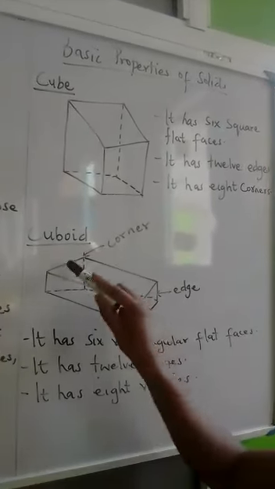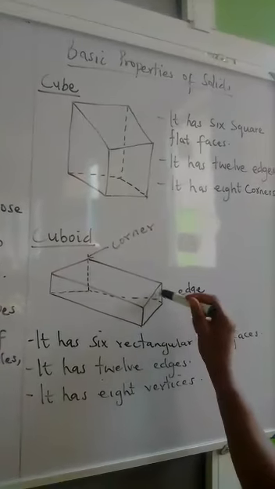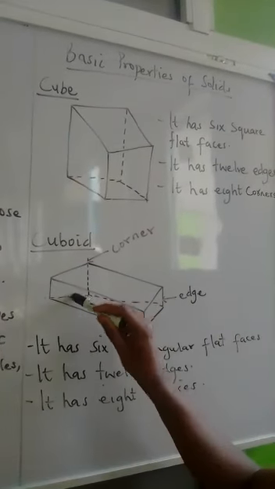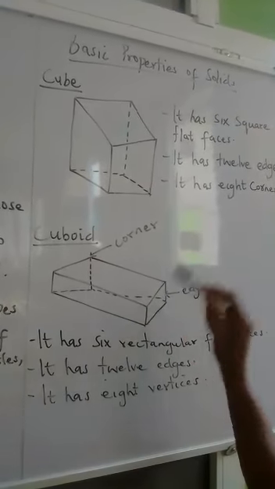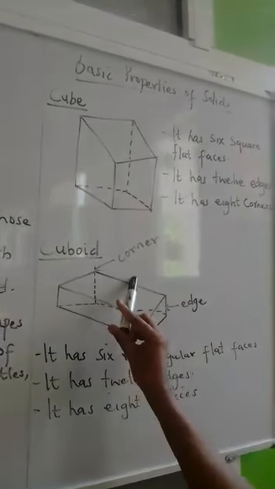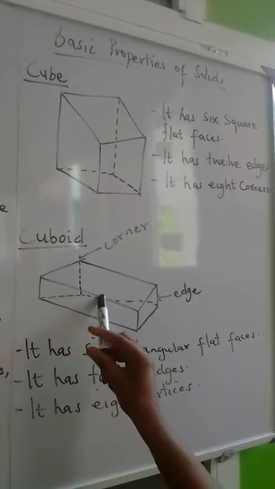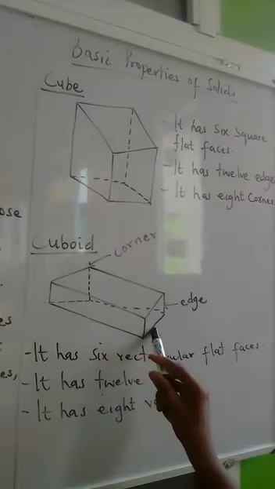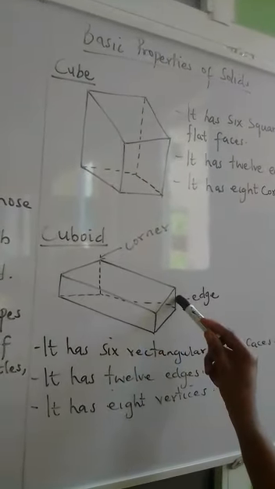Can we count the edges on the back? Okay, let's count. 1, 2, 3, 4, 5, 6, 7, 8, 9, 10. Okay, let's count it again. 1, 2, 3, 4, 5, 6, 7, 8, 9, 10, 11.